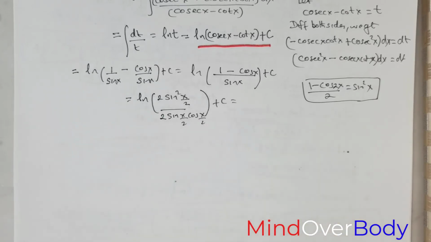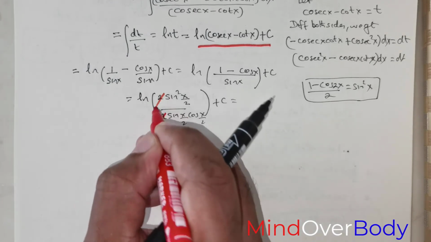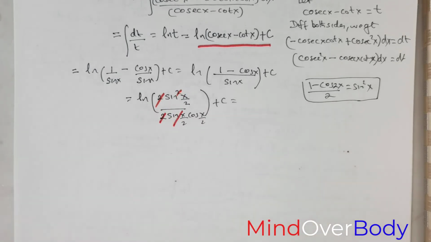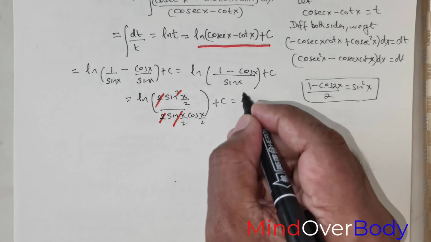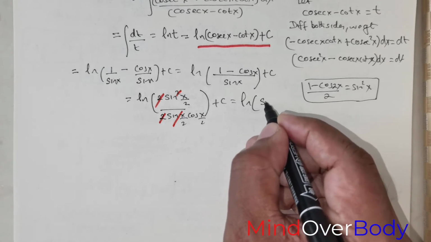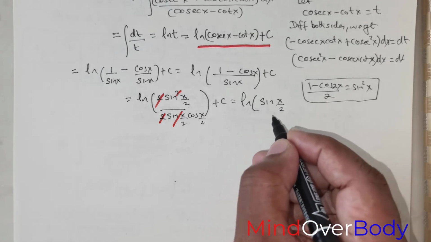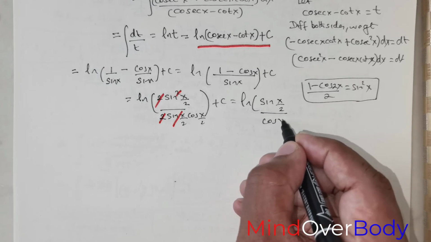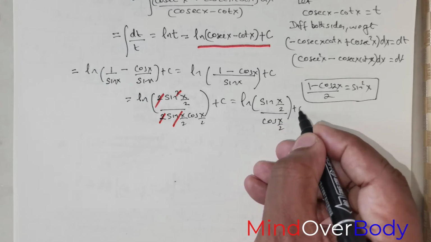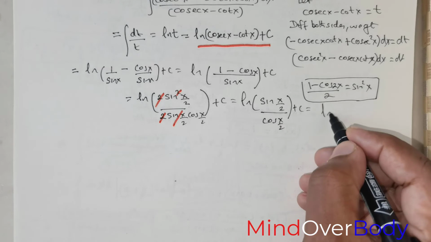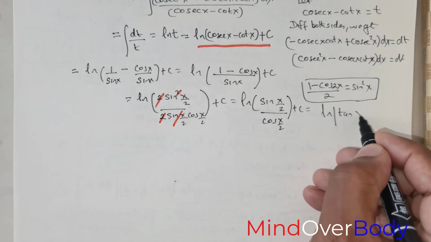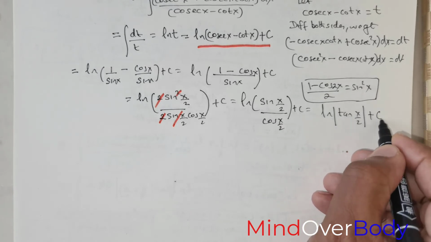Now the 2 can be cancelled, and sin x over 2 can be cancelled, giving me ln of sin x over 2 divided by cos x over 2, which can be rewritten as ln of tan x over 2 plus an arbitrary constant.